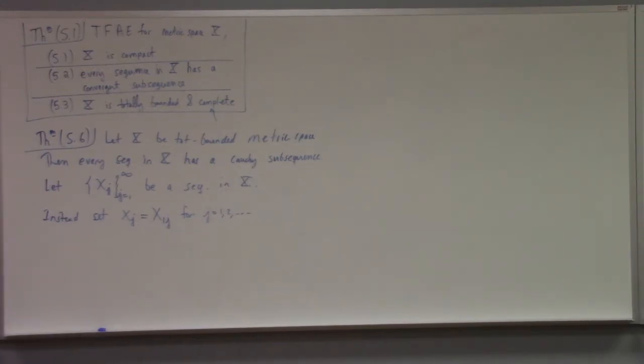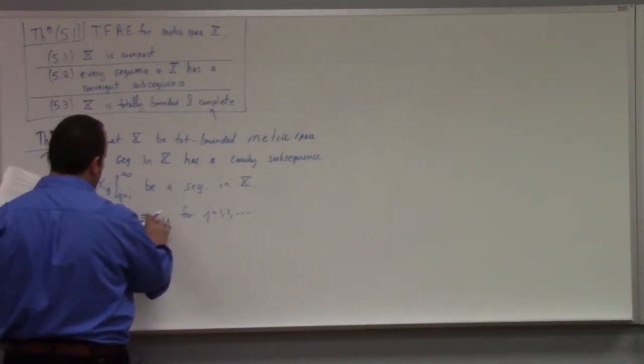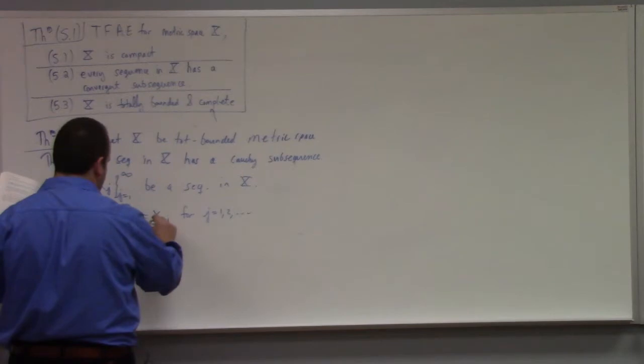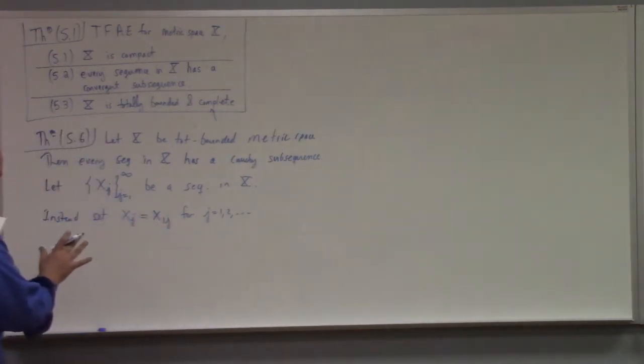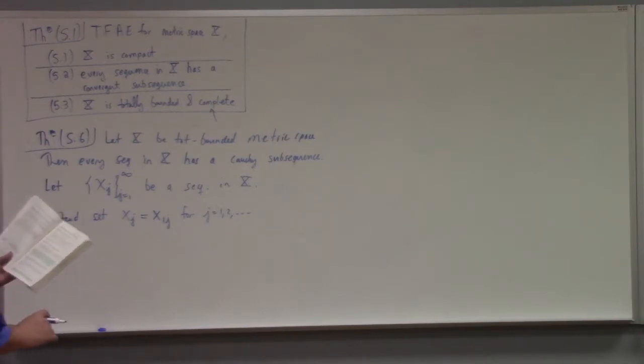Okay, I guess you can add a label. Use different letters? That would make it too easy to understand. No, we'll use the same letter, to maximize the confusion. All right, very good. Then he says, by induction, we construct sequences x_kj.